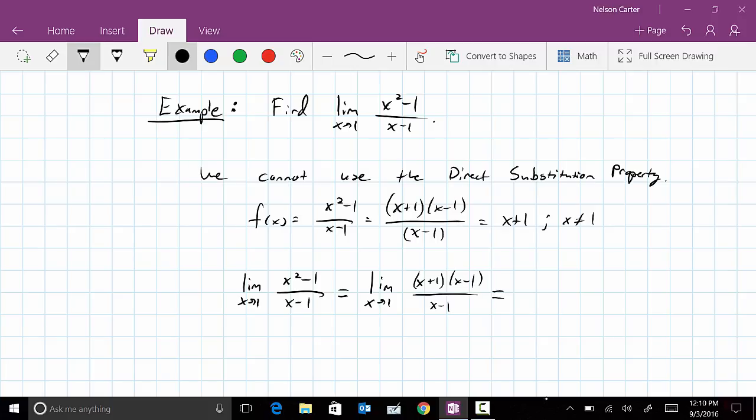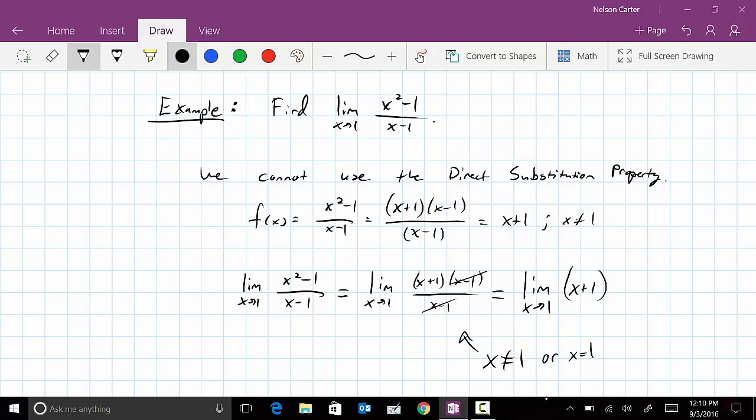Okay, and so now, as a result, that means we can make this cancellation because we're inside of a limit. And it's still going to be an equivalent statement because the limit does not care what happens at 1. So it's almost like implied. See, we don't have to make the statement here that x cannot be 1 because it's already implied. It's like, well, we're inside of a limit, so if this is true or this is true, we don't care.